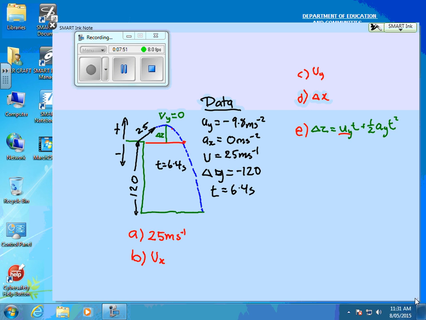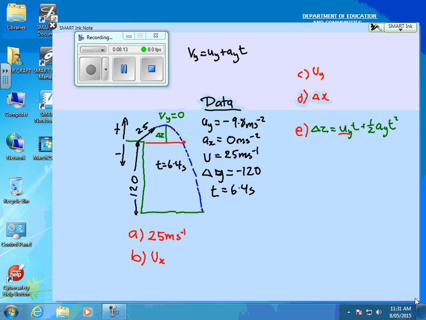I've actually skipped a step there. What that means is that I'm calling that the positive direction, and that the negative direction. But I do know at that point Vy equals Uy plus Ayt, don't I? But I'm still stuck.